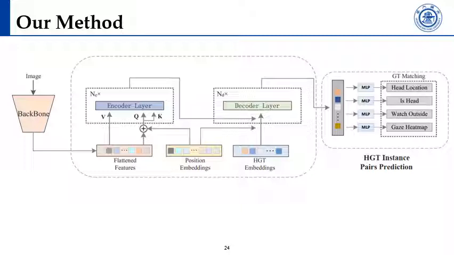Each HGT instance contains the head location, a label to indicate whether it is a head, a label to indicate whether it is out of frame, and also the gaze location represented by a gaze heat map.